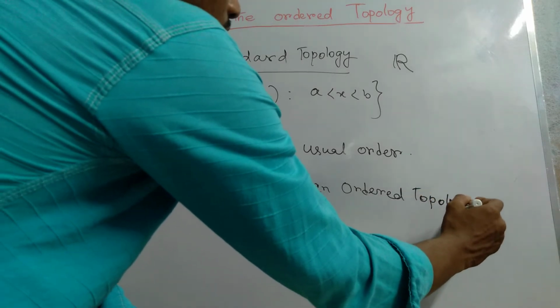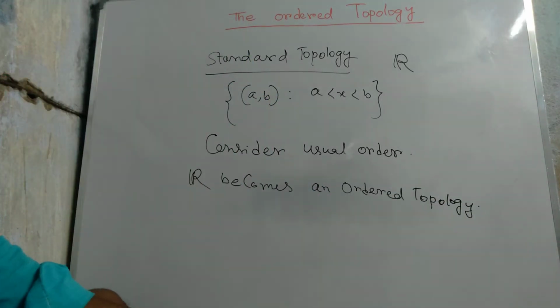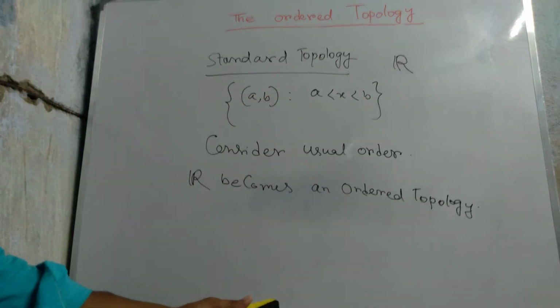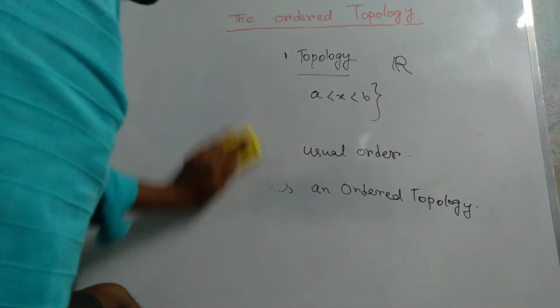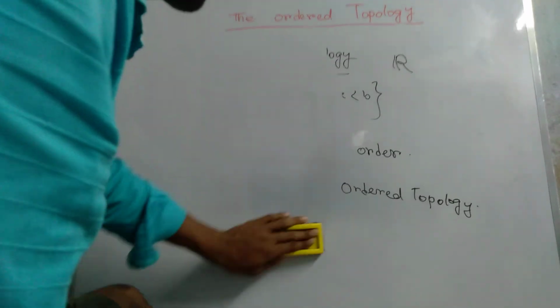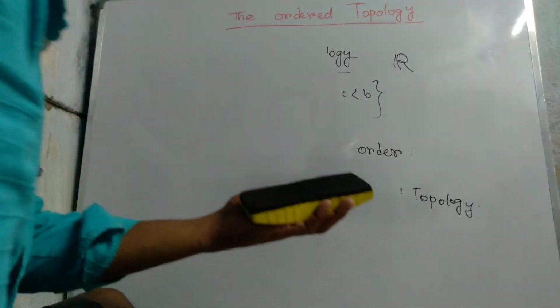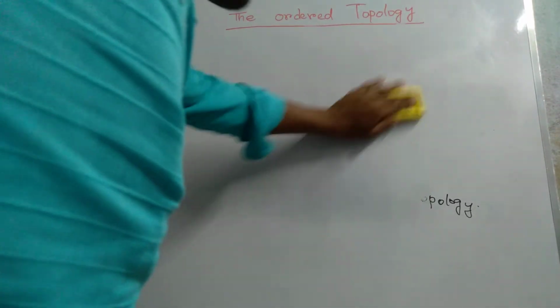I think we all understand this familiar example: with the standard topology and the usual order, R becomes an order topology. Next, we discuss another familiar example.